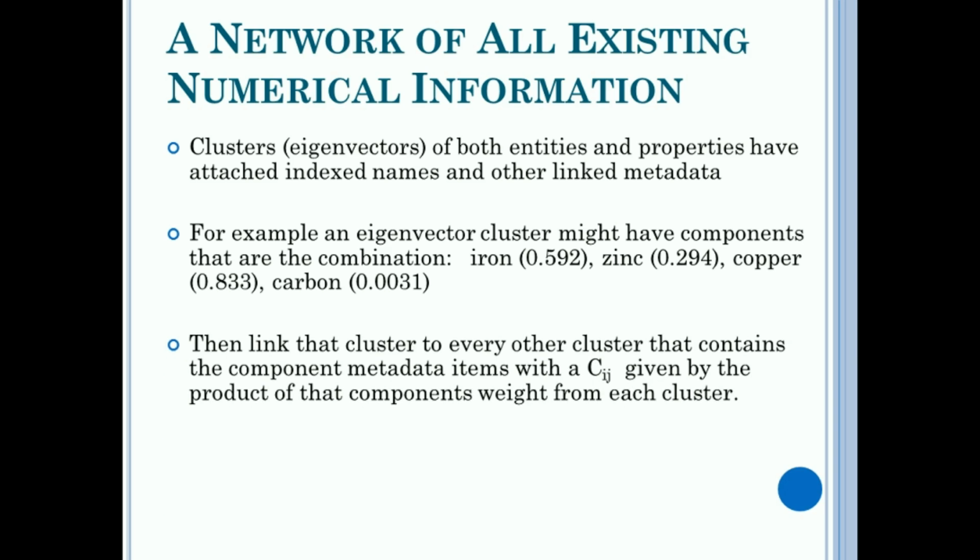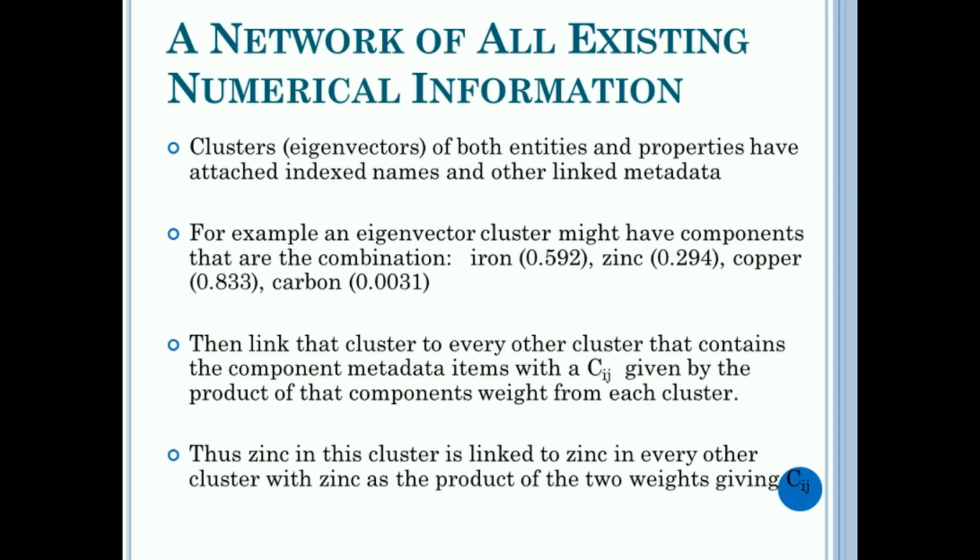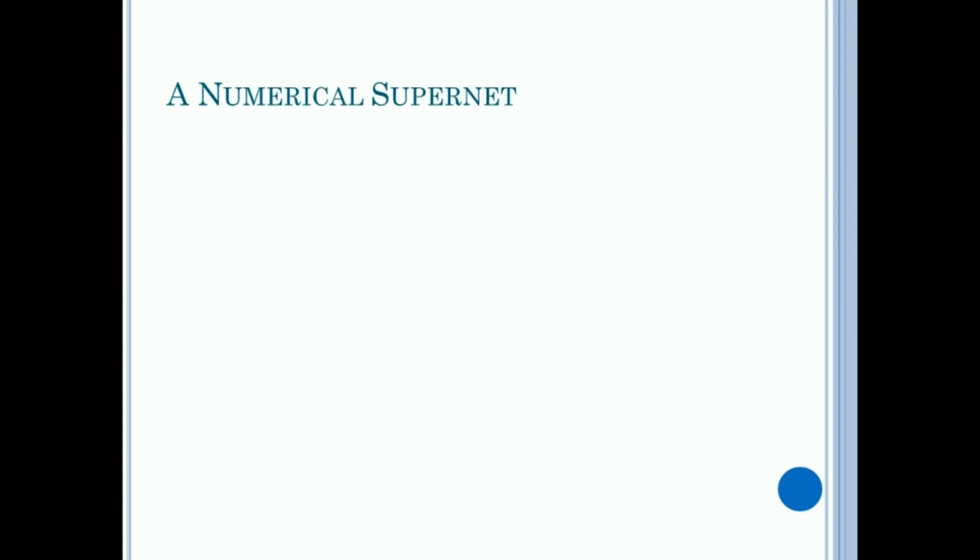And this lets us link all the clusters together with index names to such names in other clusters with a connection weight equal to the product of the values. So when zinc is in one cluster, it's connected with zinc in every other cluster with the products of those weights.